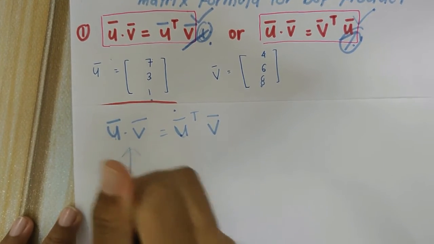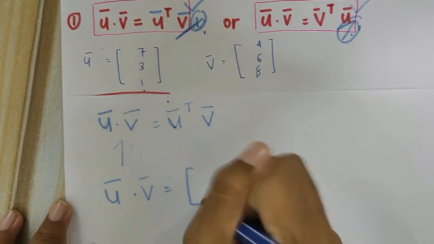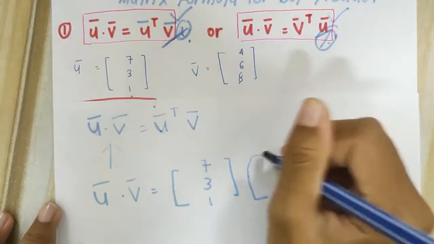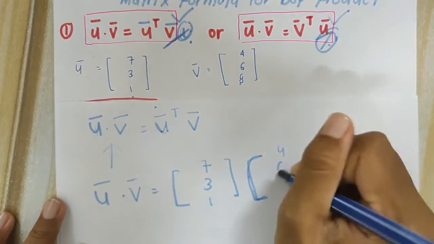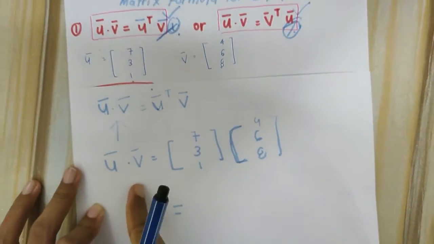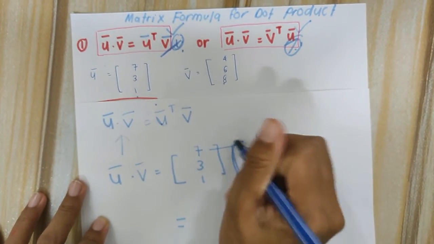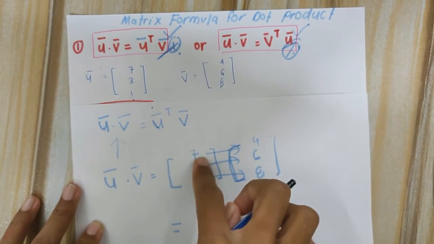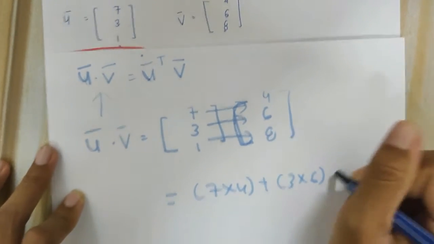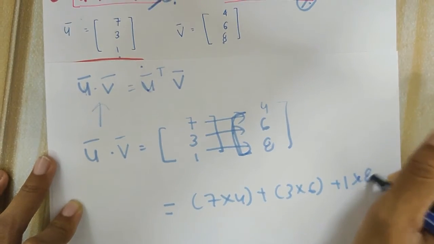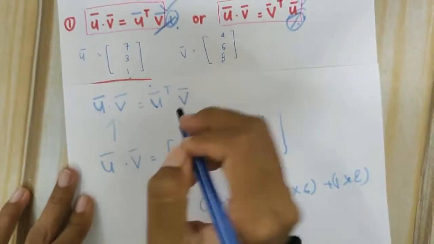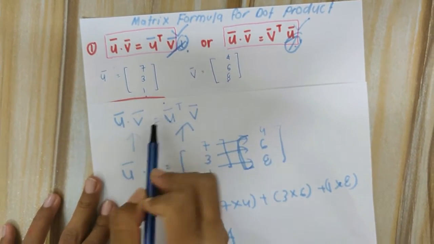So we copy back the U bar and V bar, and the answer that we got, for dot product, we have to multiply with itself. So 7 multiplied with 4, 3 multiplied with 6 plus 1 multiplied by 8, and the answer is 54. So we need to prove that this answer is the same with this.